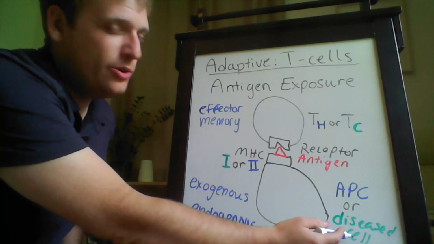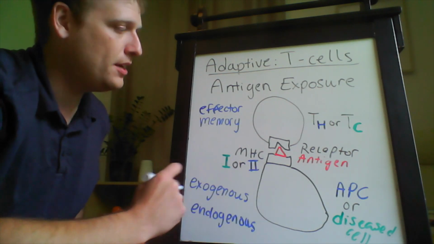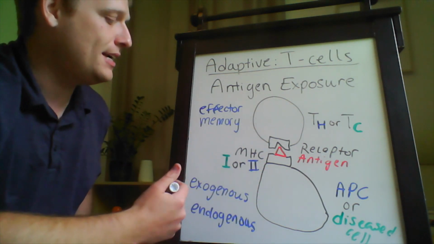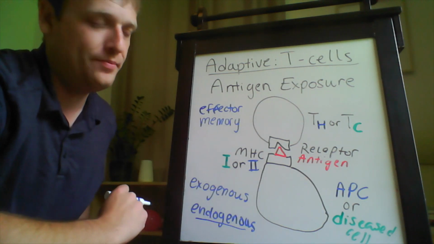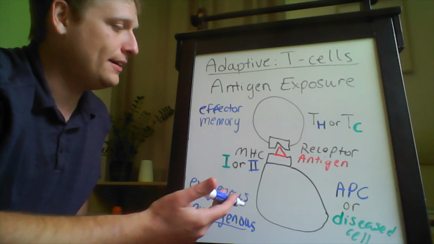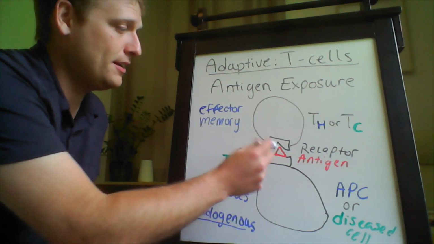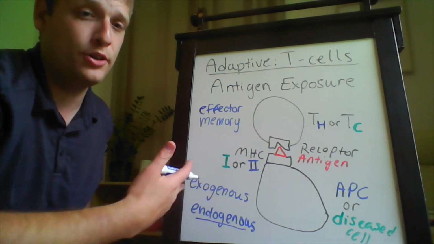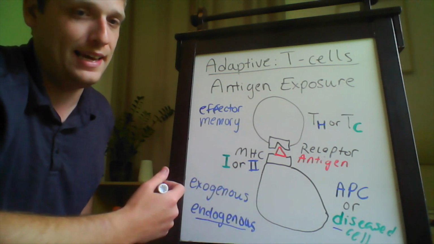So in the case that you have a diseased cell, like a cancer cell that you want to get rid of, the antigen that it's presenting is an endogenous antigen. It comes from inside your body. So in that way, you're actually going to be targeting the cells of your own body based on them having this antigen that your immune system has learned to associate with a diseased state.